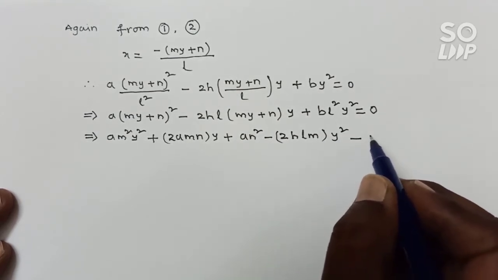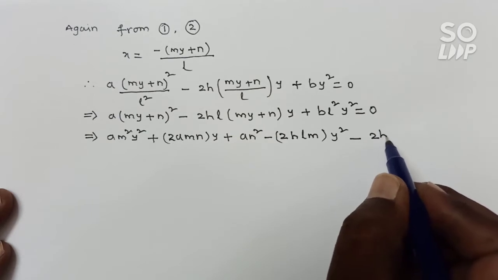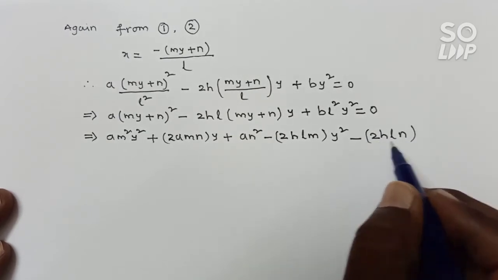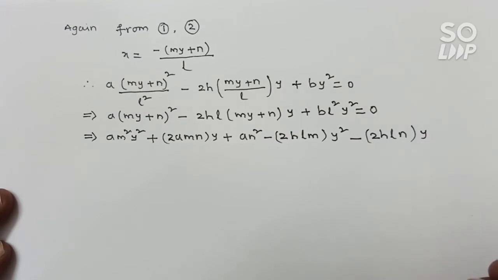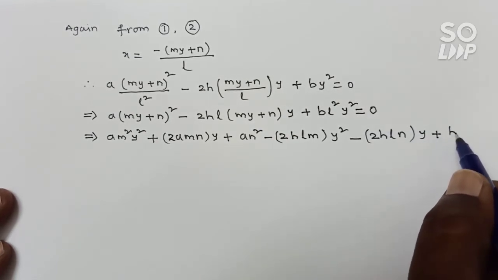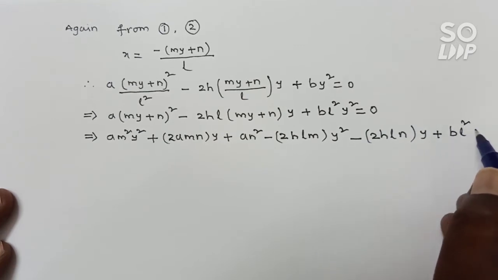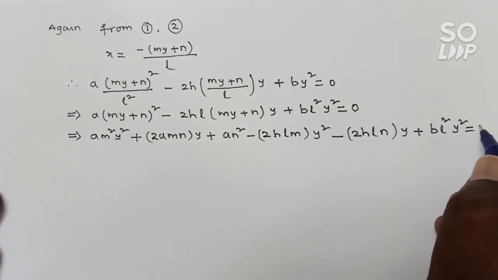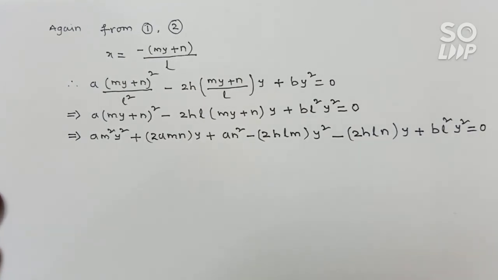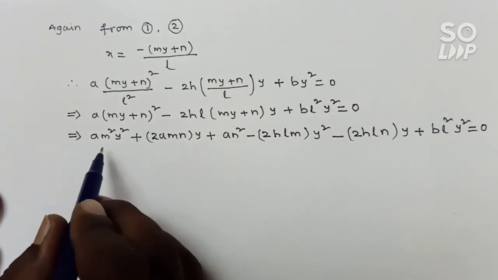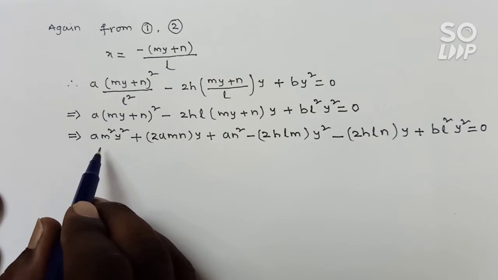Next minus 2h into L into n into y, plus b into L square into y square is equal to 0.